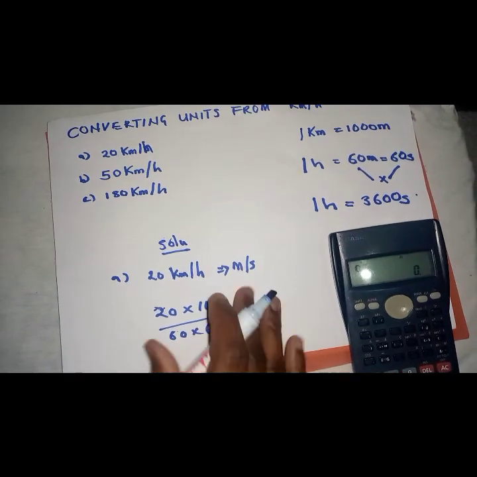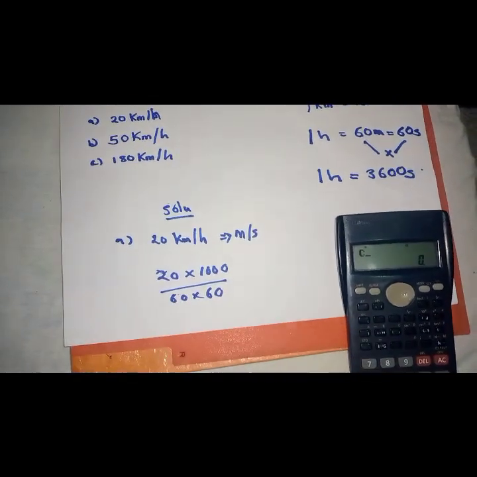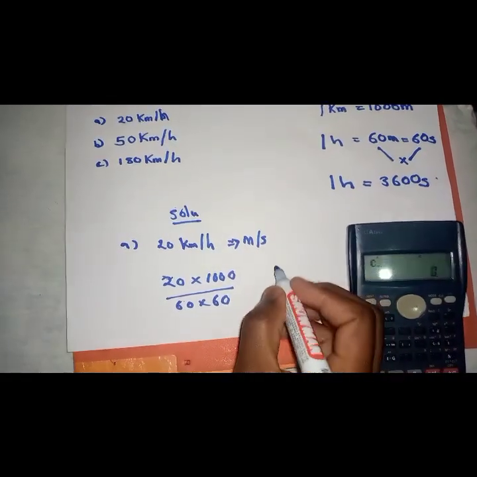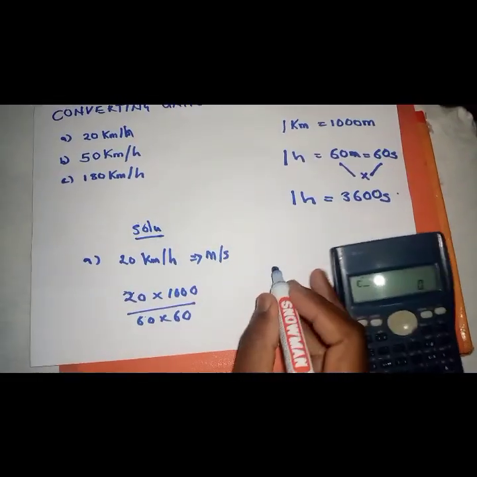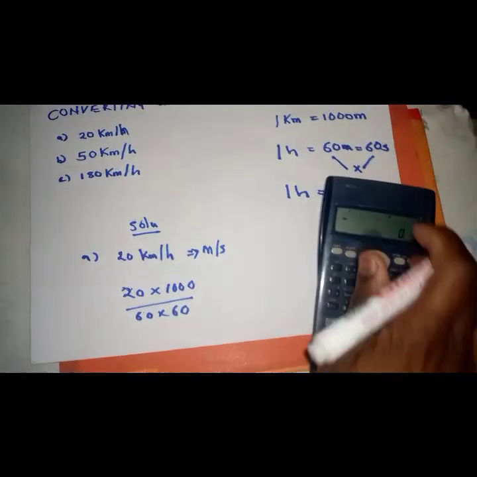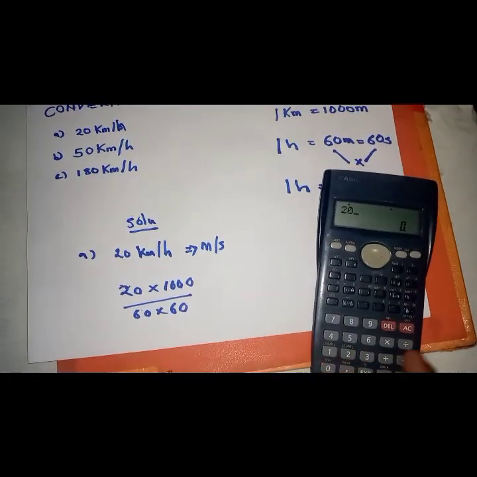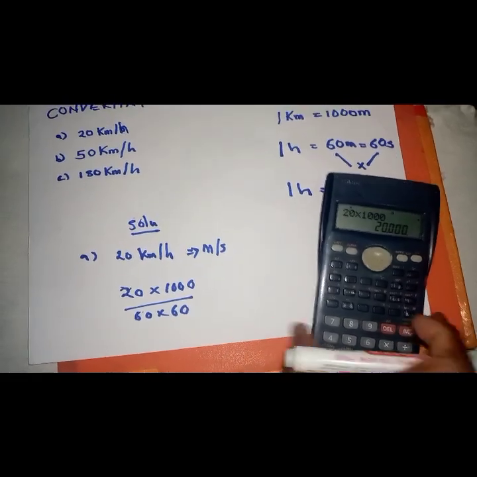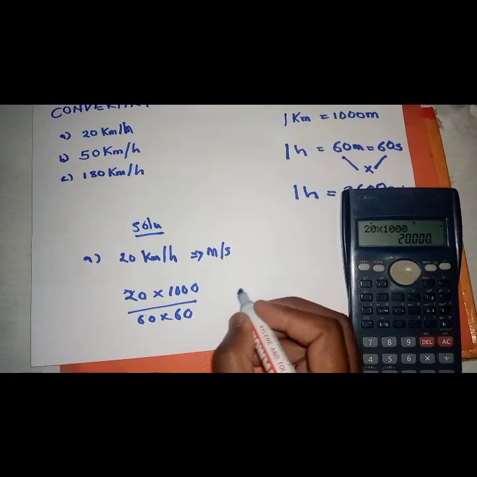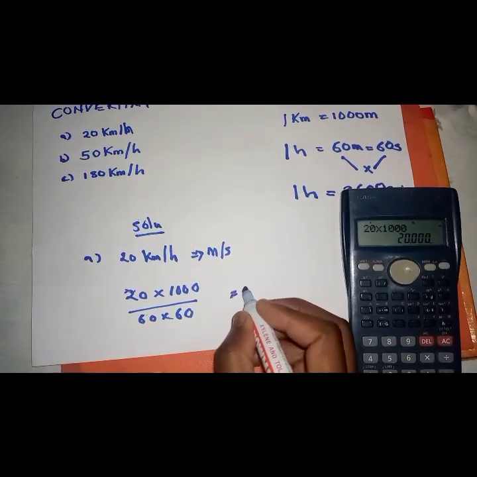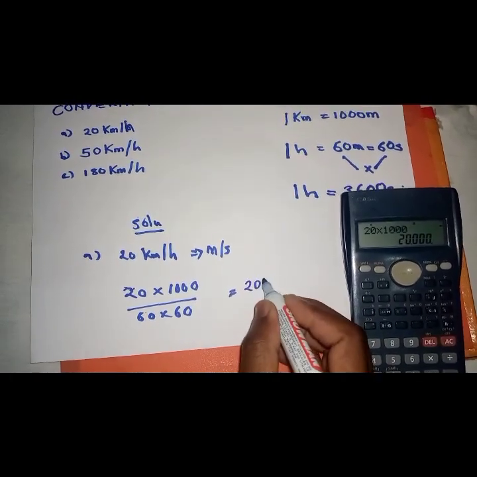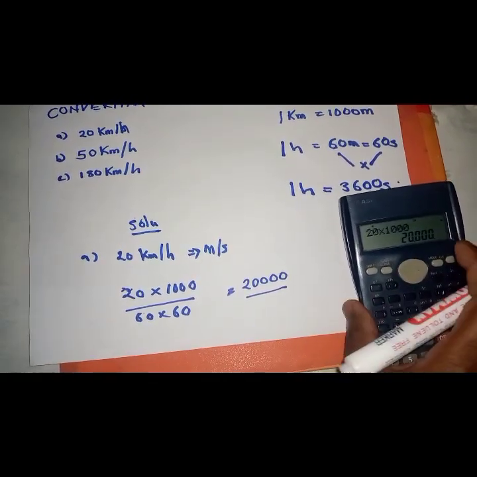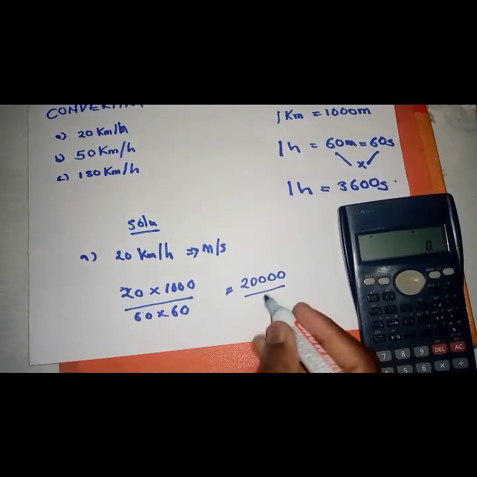You know that one of these 60s represents the number of seconds, the other one represents the number of minutes. So the next stage here would be multiplying 20 and 1,000. That will give us 20,000. So the answer will be 20,000 over, you know that 60 multiplied by 60, I will say 3,600.